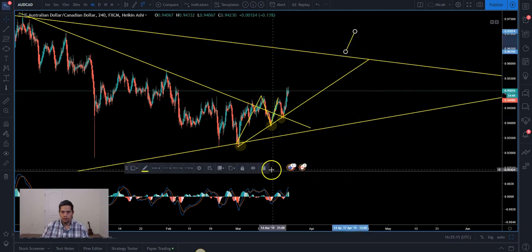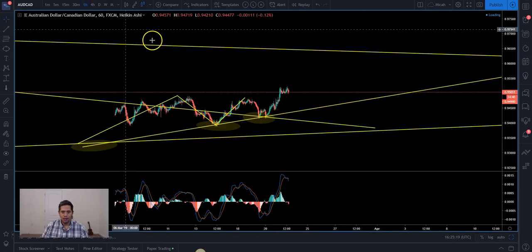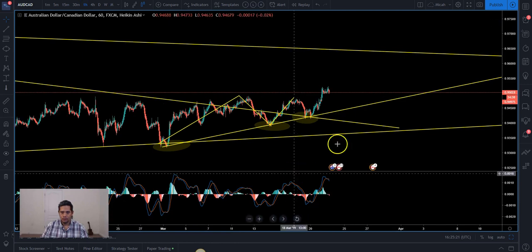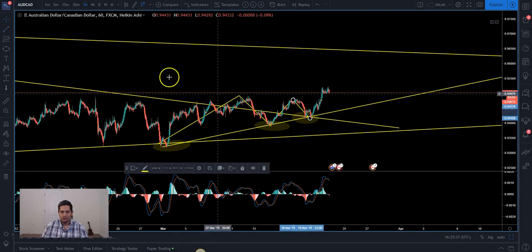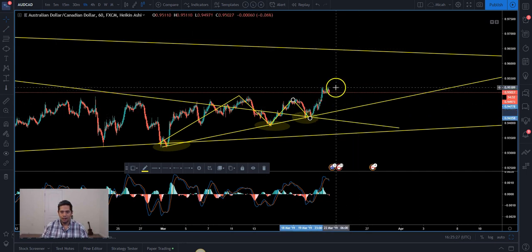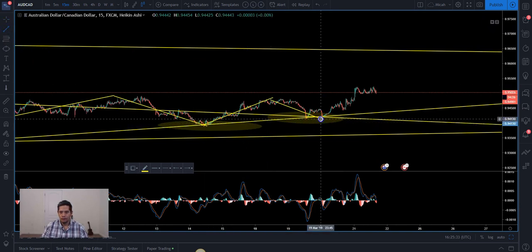Okay. So again, this is the hour, drop down to the hour time frame. Now you can see it came back down, shot back up. Drop to the 15. This is where we draw our trend line.